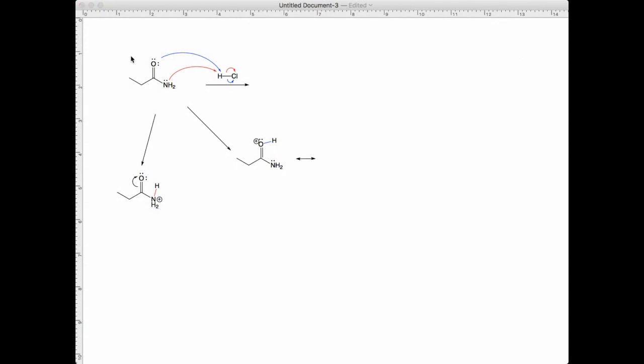This one can be stabilized by resonance. And in that case, you will have another significantly contributing structure. I'm not drawing the one with a carbon positively charged as in the slide, but obviously you can also do that.